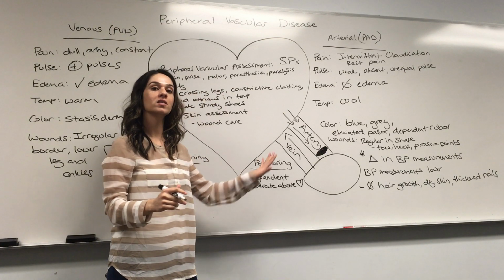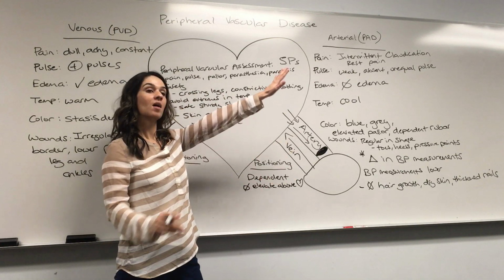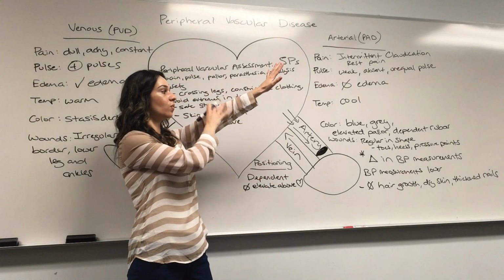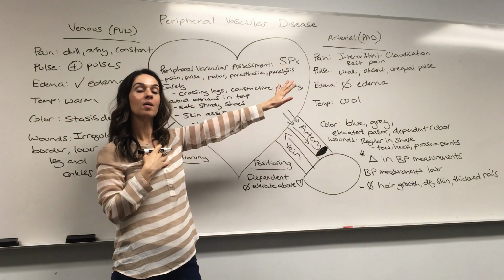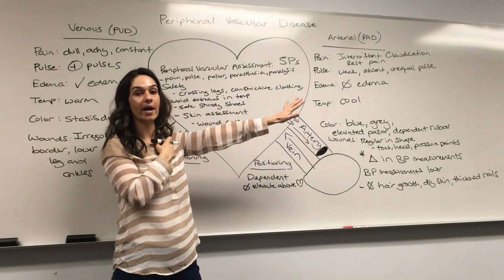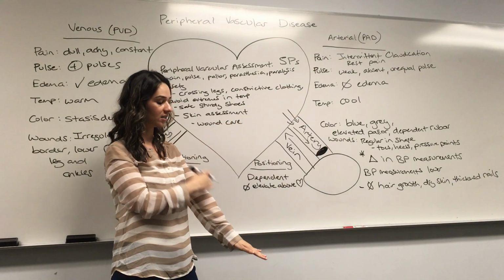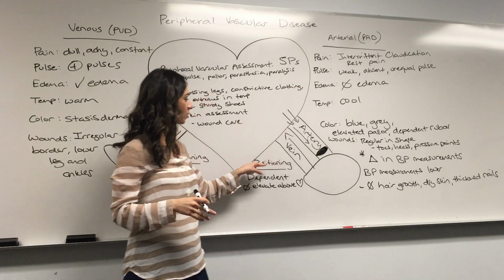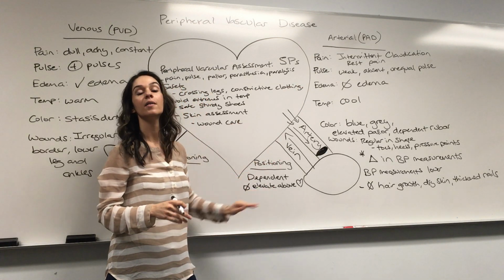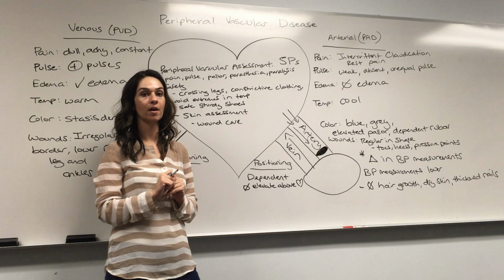We never, with arterial disorders, want to elevate above the heart because, again, when we do that, blood is rushing from the extremity back to the heart. But the problem is not getting the blood back to the heart. The problem is getting the blood to that extremity. So make sure in terms of positioning for your arterial disorders, we keep it in a dependent position and ensure that you never elevate it above the heart.